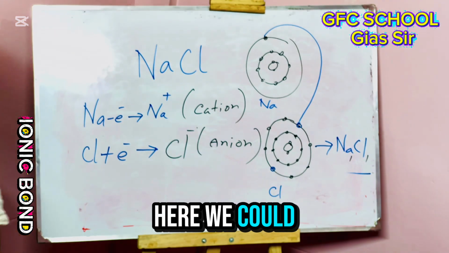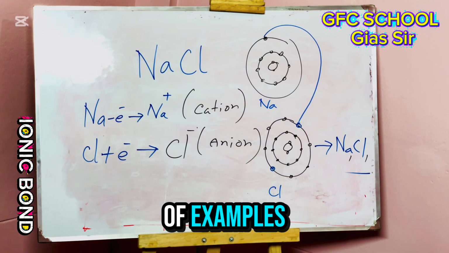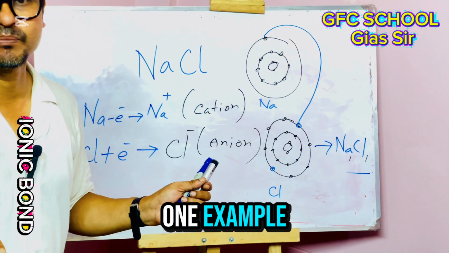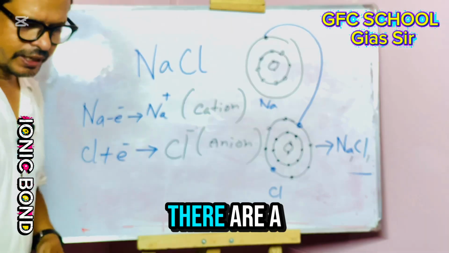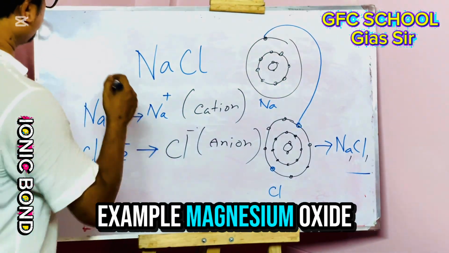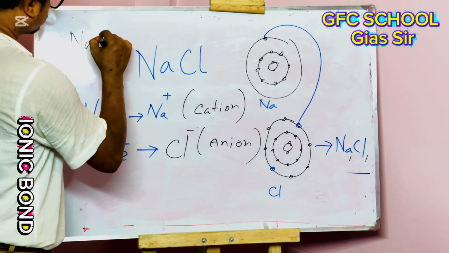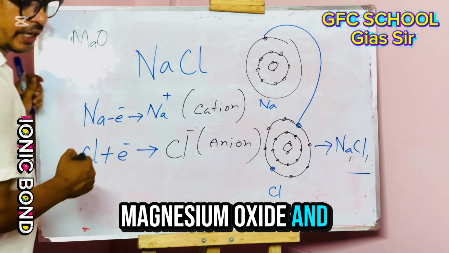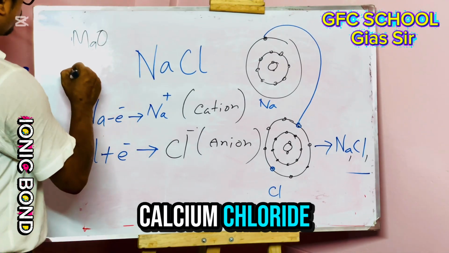Guys, here we could give a lot of examples. Just now I've given sodium chloride as an example of an ionic compound. There are a lot of examples. Magnesium oxide, okay, sorry, magnesium oxide, and another one is calcium chloride.